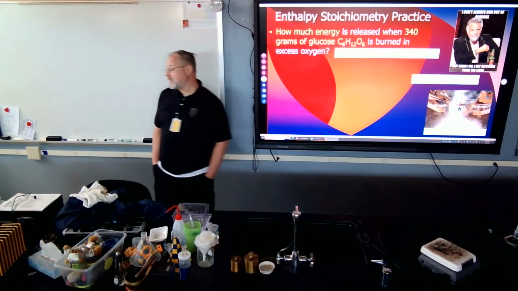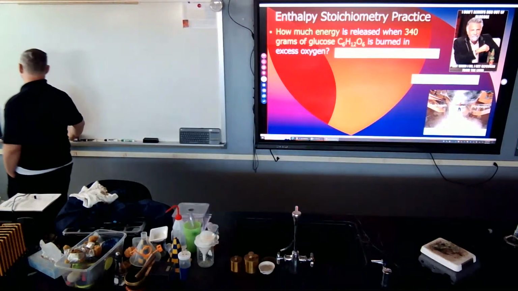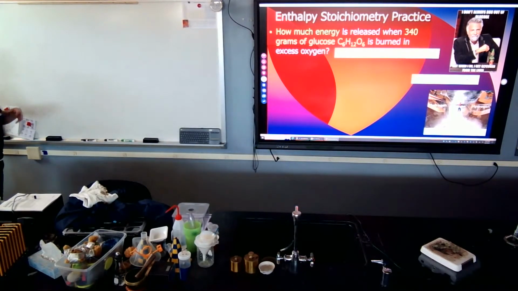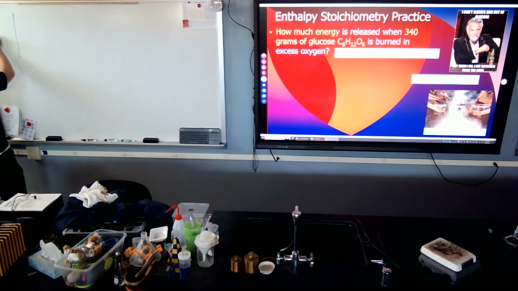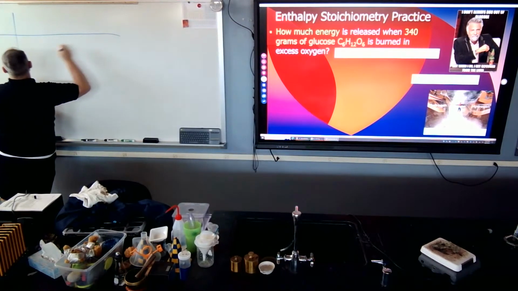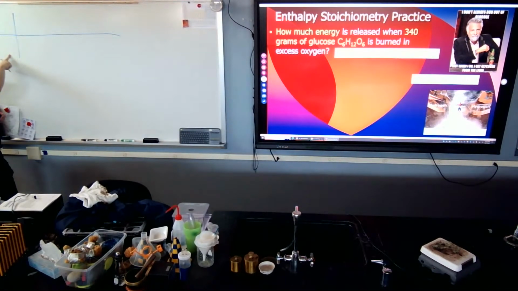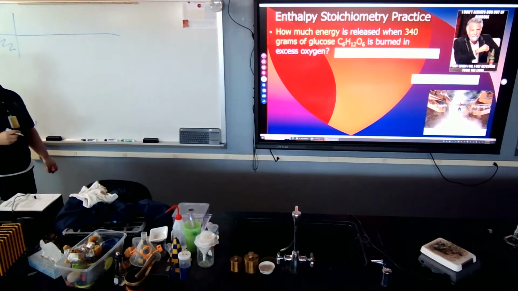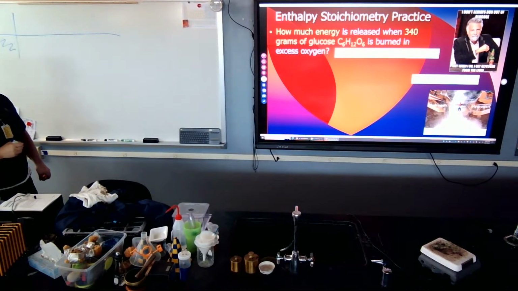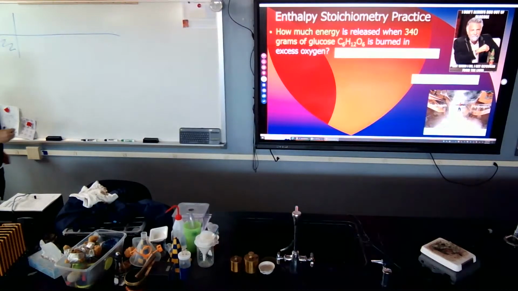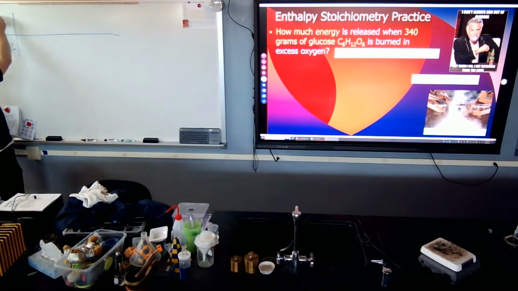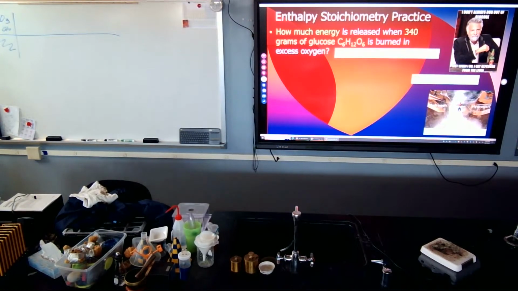Just like any stoichiometry exercise, we're going to start with a T-chart. What goes in this box here? Nothing, not yet. Only a single value is actually given to you in this exercise. And what is it? 340 grams. And I'm going to say glu because I don't want to keep writing C6H, those things. That's okay with you guys?